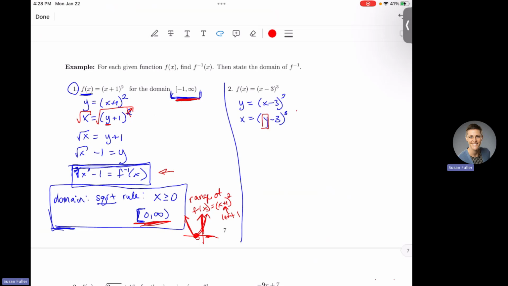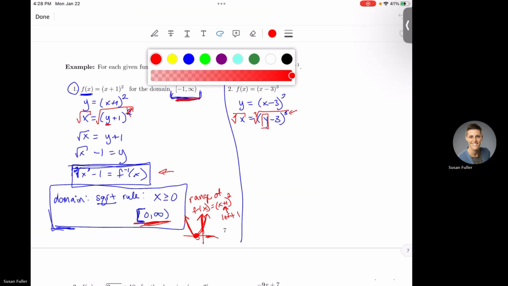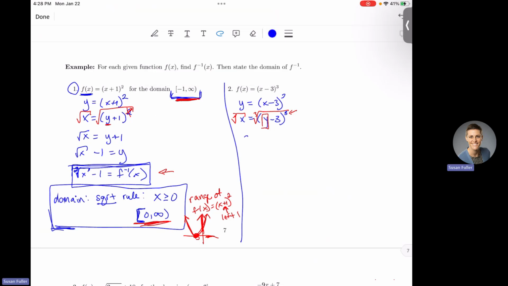First thing I got to do is get rid of this to third power. To do that, I'm going to take the cube root of both sides. So I'm going to have the cube root of x over here and y minus 3 over here. And then I will add 3 to both sides.